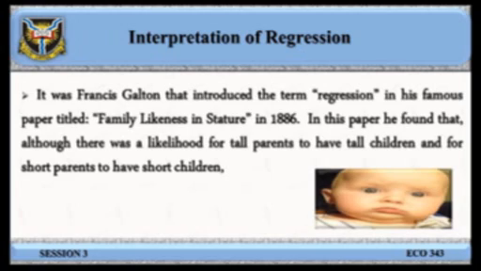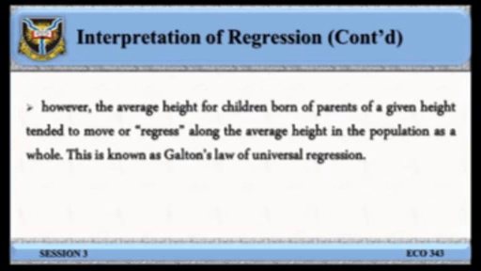In this paper, he found that although there was a likelihood for tall parents to have tall children and for short parents to have short children, the average height for children born of parents of a given height tended to move or regress toward the average height in the population as a whole. That is, children's height from unusually tall or short parents tends to move toward the population's average height. This is known as Galton's law of universal regression.